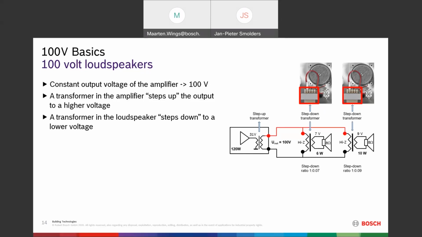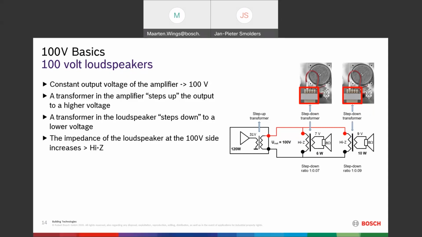So you see here in this example, we have 2 loudspeakers connected, and in the pictures above, you will see there's a small transformer inside this loudspeaker, and that transformer will transform the 100 volt down to the required voltage of a loudspeaker. You can see in the picture as well that you can have different wattage, so the power consumption of those loudspeakers is not the same.